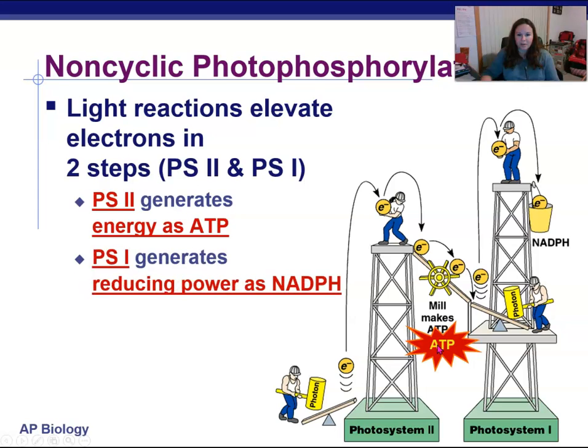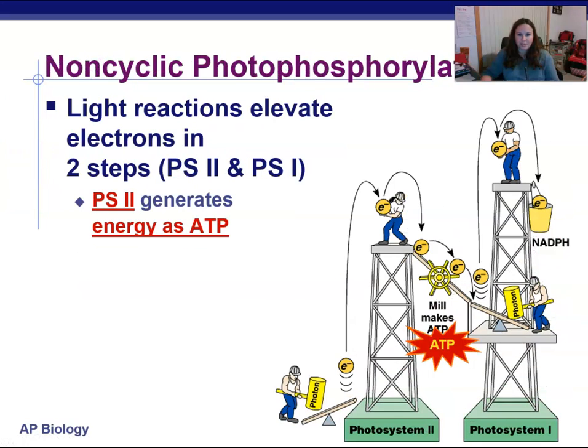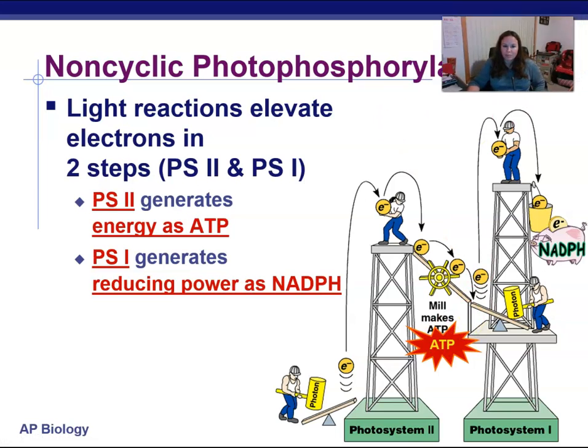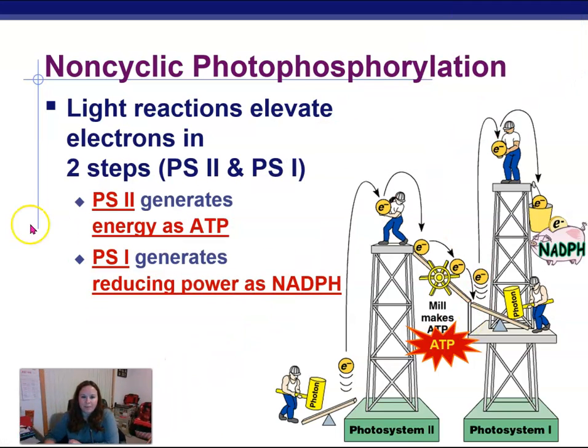And if everything's working great, non-cyclic photophosphorylation, what a word, right? If everything's working fine, we'll just keep it going, kind of like an assembly line like we see here, where we use sunlight photons to bounce up electrons from chlorophyll.